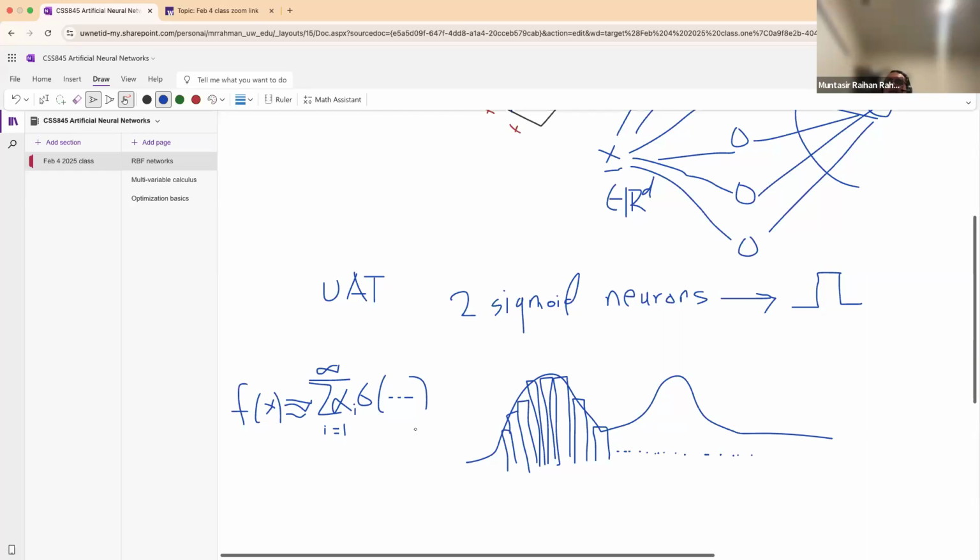Can anyone tell me practically what is the problem with this theorem? If you want to realize a real function with this technique, what are some of the drawbacks of this approach? Anyone?